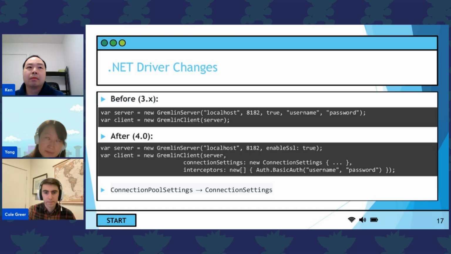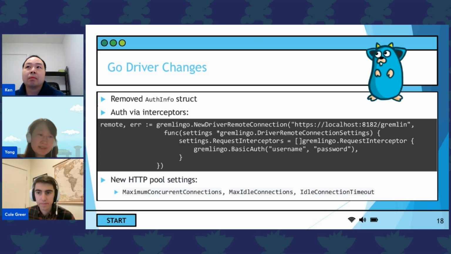You can refer to our reference docs for the updates, and of course those are also being worked on and improved as we go into GA. So those settings may or may not change when 4.0 is fully released, just because we want to achieve consistency across the GLVs.